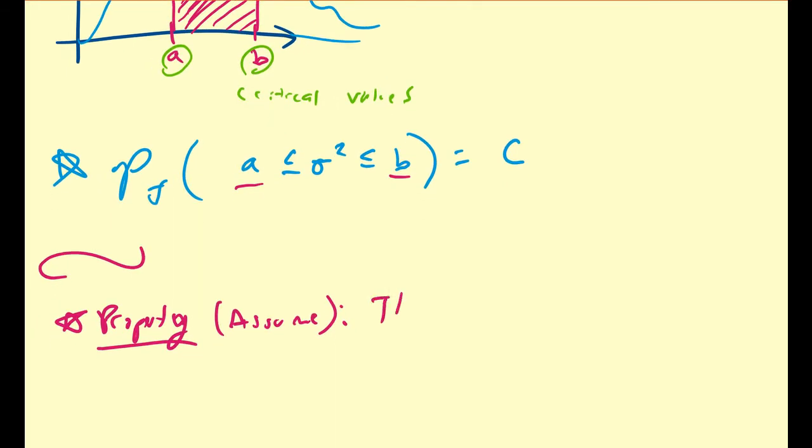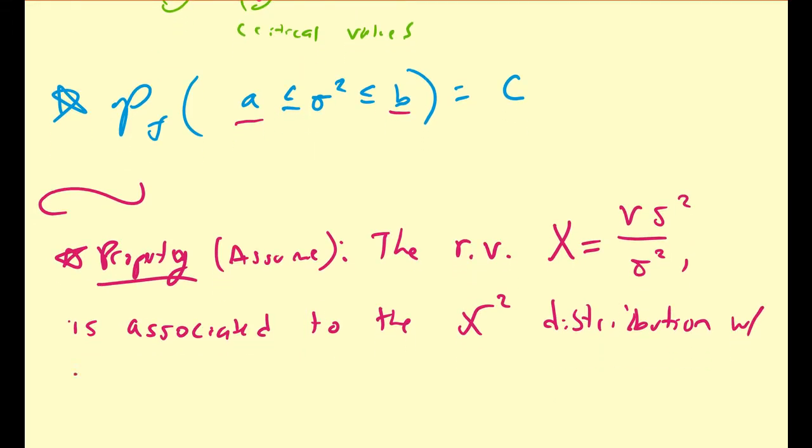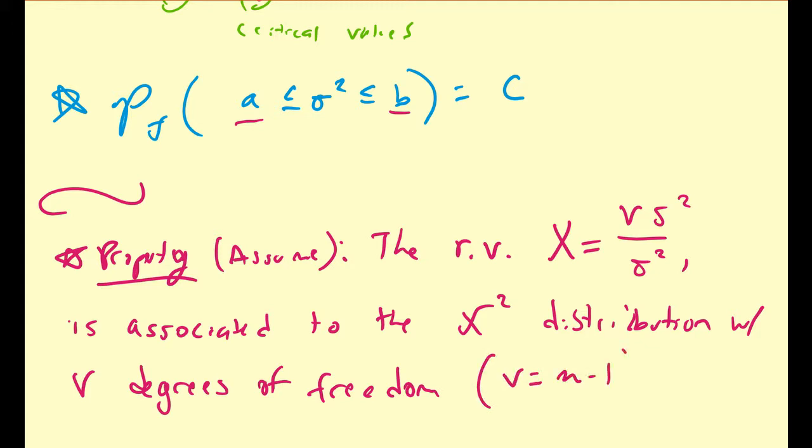The property is this: the random variable x equal to nu s squared divided by sigma squared is associated to the chi-squared distribution with nu degrees of freedom. And in this case, nu is going to be equal to n minus 1 for a one sample test.